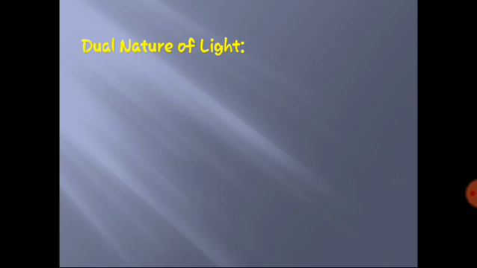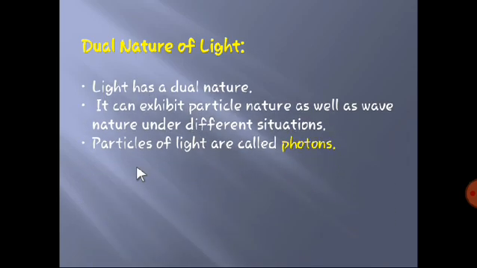Then after many years, we come to know that light has a dual nature. What is the meaning of dual nature? It should have two properties. Light exhibits particle nature as well as wave nature, depending on the situation.